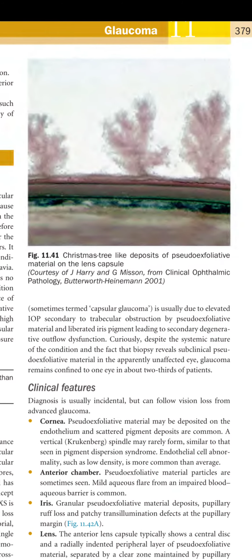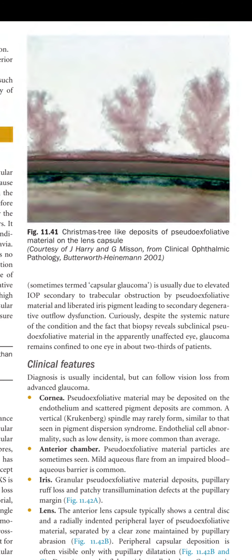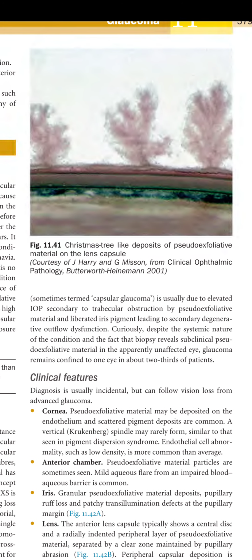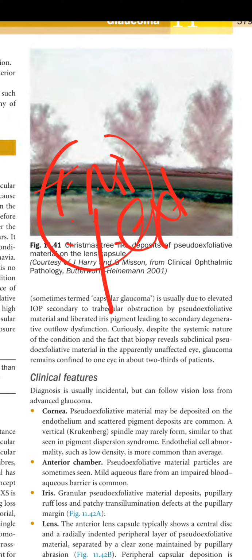Open angle glaucoma, sometimes called capsular glaucoma, is usually due to elevated IOP secondary to trabecular obstruction by the pseudoexfoliative material and liberated iris pigment, leading to secondary degenerative outflow dysfunction. So what is the mechanism of the glaucoma? Basically the trabecular meshwork is being obstructed by the pseudoexfoliation material and also the iris pigment that has been liberated, and this causes the outflow dysfunction.